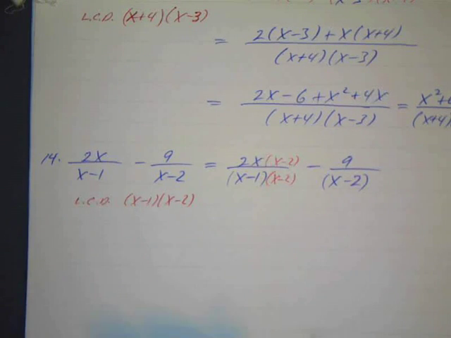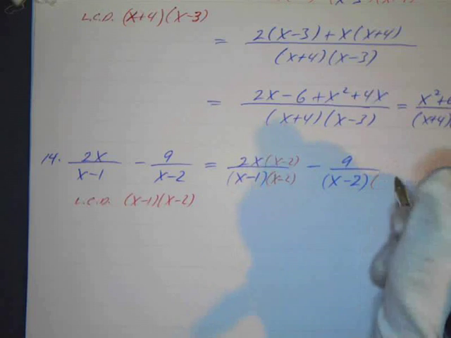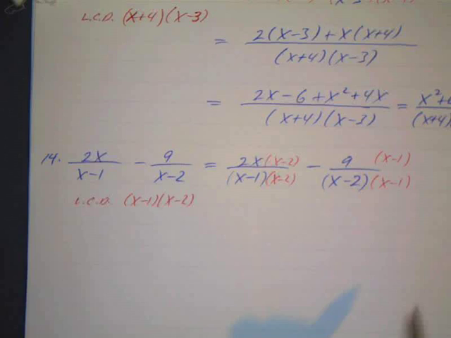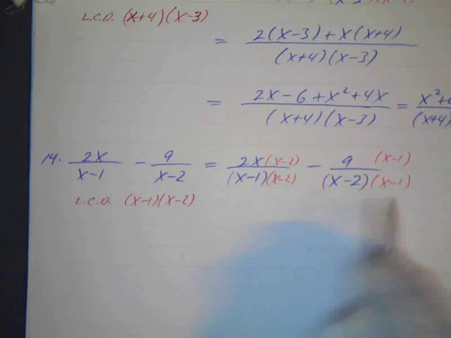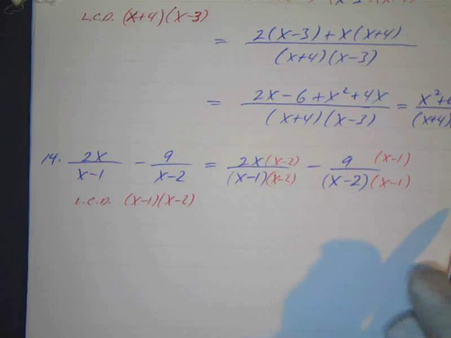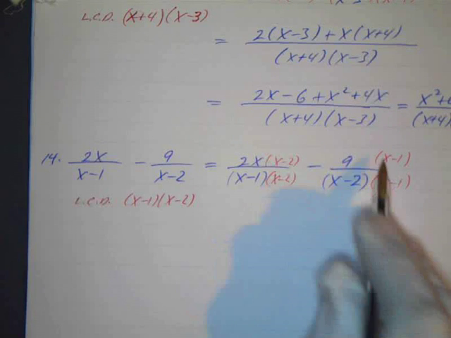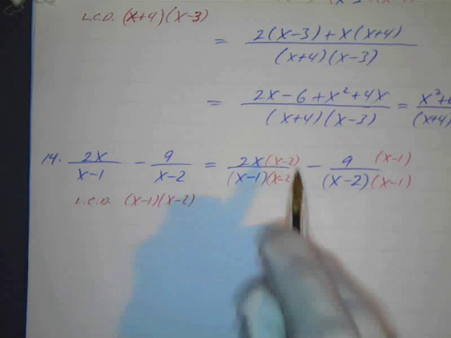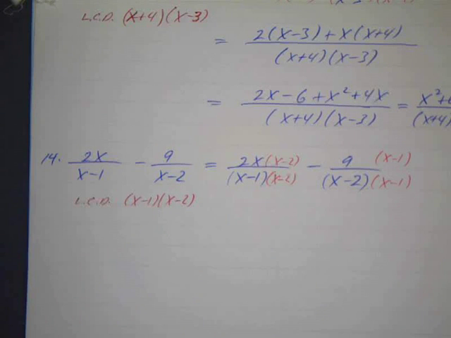And here I need an x minus 1, so I multiply the top and the bottom by x minus 1. And x minus 1 over x minus 1 is 1, so we're really not changing the value, we're just changing the form. I sometimes call this a convenient form of 1. It's a unit fraction. When the numerator and the denominator are the same, it's 1.